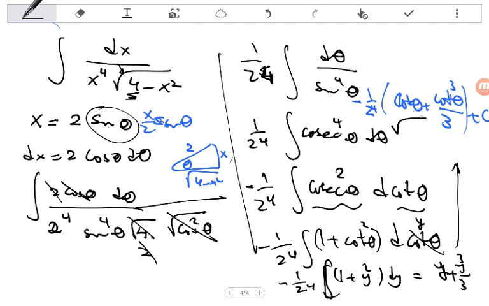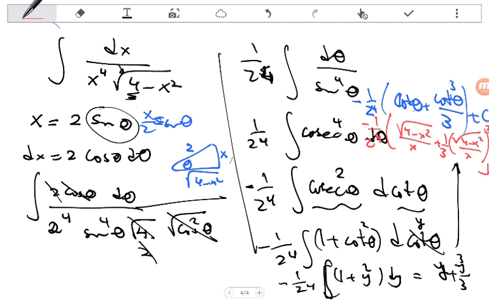So this will be root 4 minus x squared over x plus root 4 minus x squared over x, all to the power 3, all over 3. And this is all multiplied by 1 over 4.